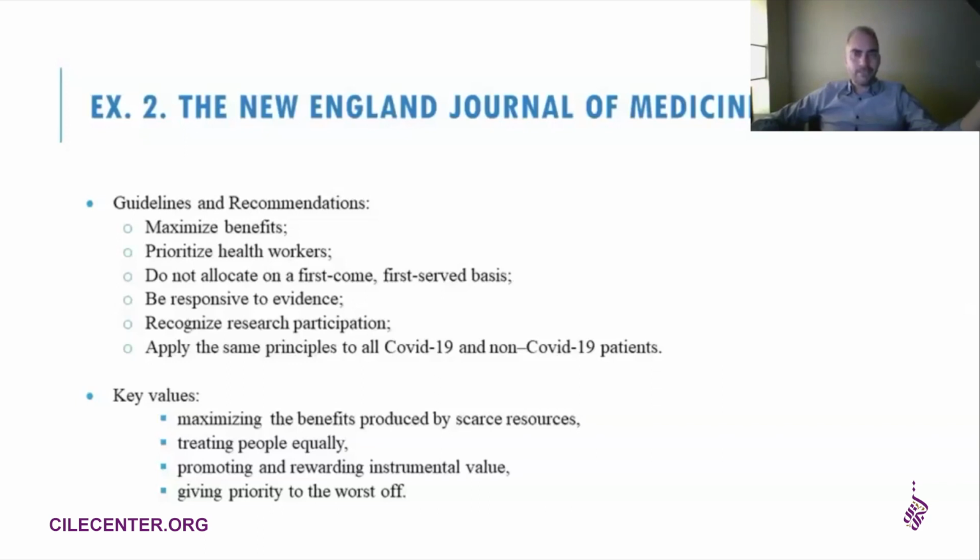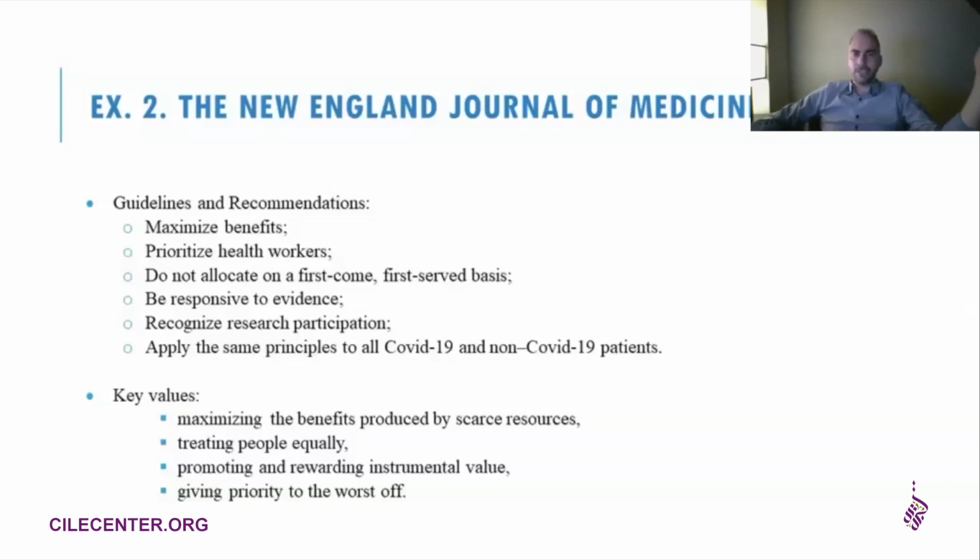So some of them can be controversial, like, for example, how can we balance between lives and life years? Because both of them, saving lives and saving life years, can come under maximizing the benefits.